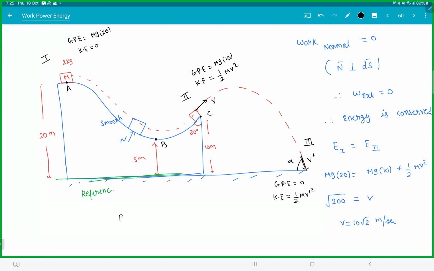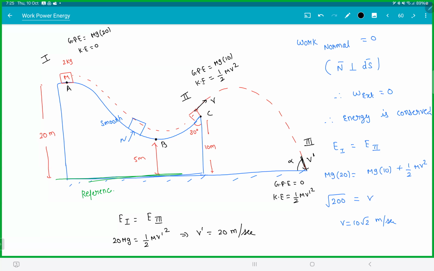Then energy in state 1 is equal to energy in state 3. You can conserve energy everywhere; 1, 2, 3, all are equal. This would be 20 mg is equal to half mv dash square. This v dash will be 20 meters per second. So when you hit the ground, your speed is 20 meters per second.